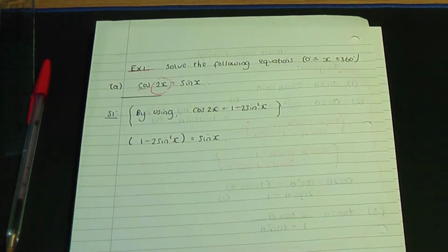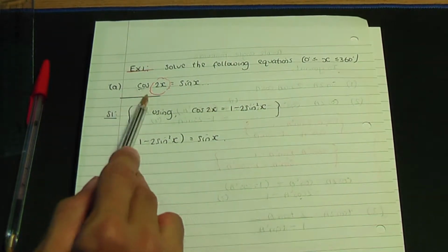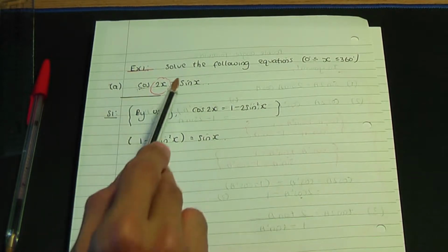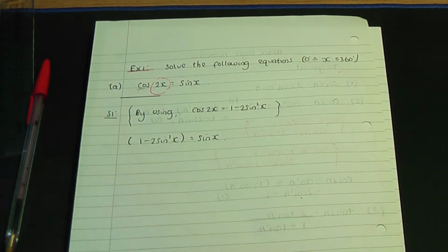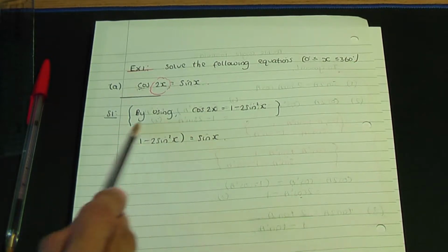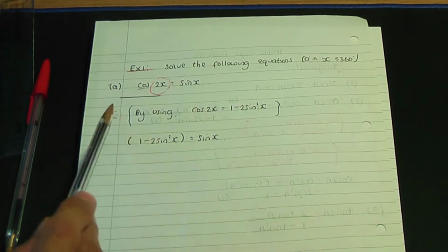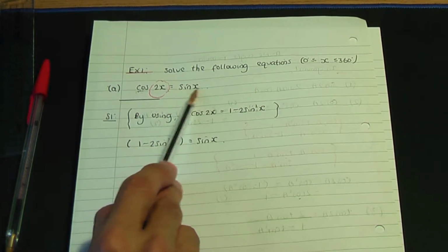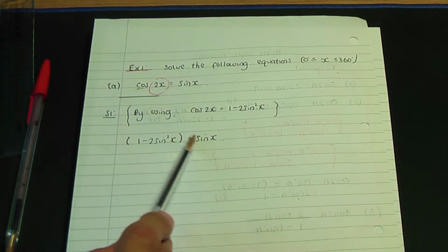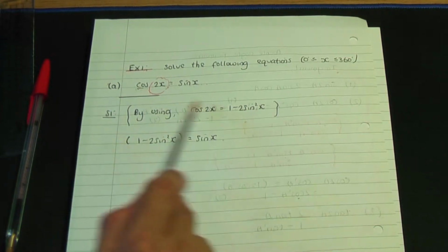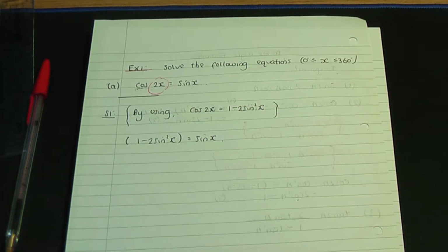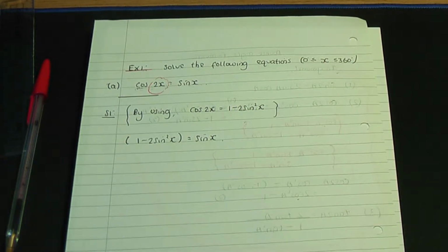Remember, ideally it's easier to have an equation involving one term only, but to be more specific, it's easy to have an equation involving the smallest power term. So the smallest power term is sine x. If we can make everything in terms of sine, that will help us work out the solutions for x for this question.